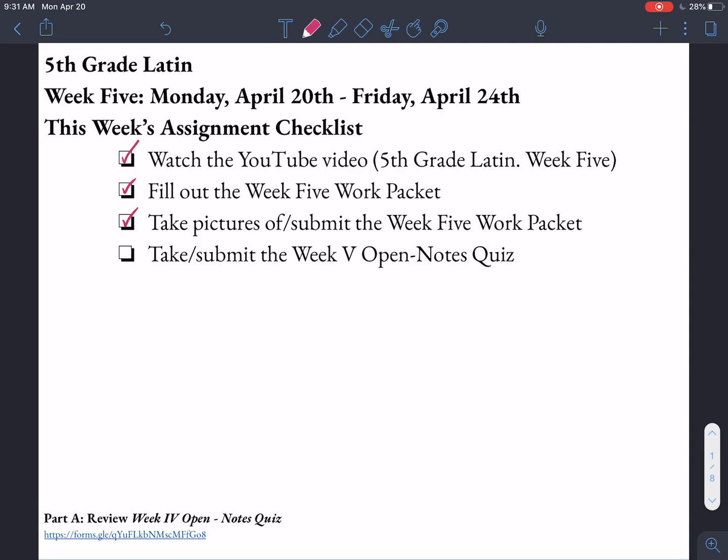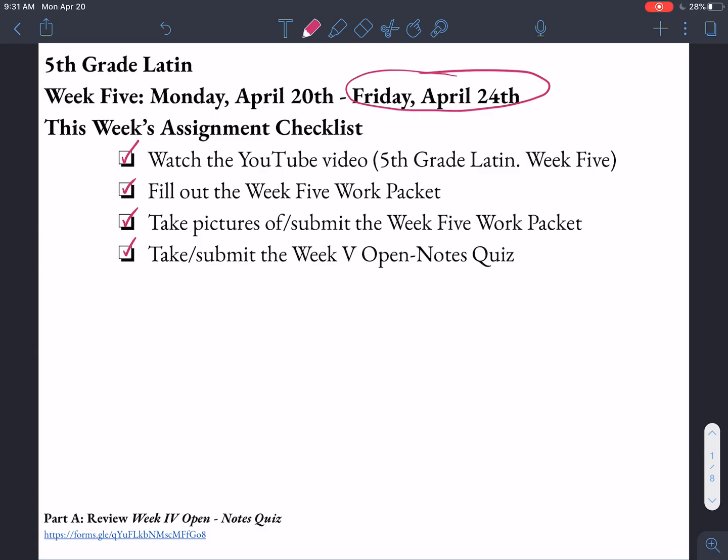Then you're going to take the week 5 open notes quiz online. It's open notes, and don't stress about it. All of these things are going to be due by Friday, April 24th, the last day of the week. That makes sense. You have a week to do it, so please get that done.